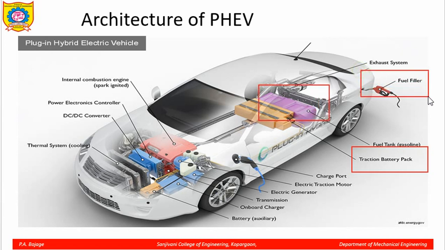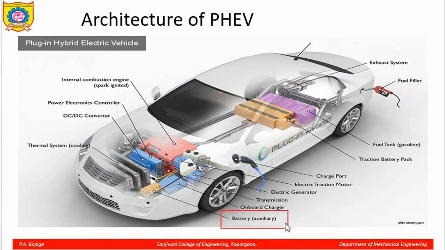You can fill gasoline or diesel. You have the battery auxiliary, transmission, electric generator. The most important is the traction motor. Generator and traction motors are placed here. The engine is also placed here. The battery pack, the gasoline tank.